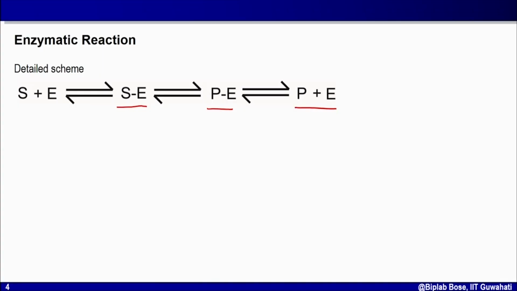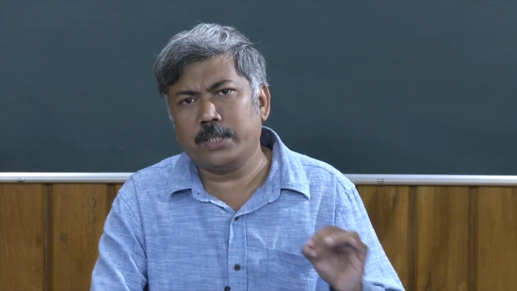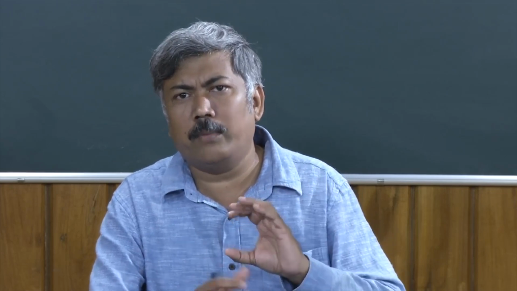Now I can make certain assumptions here, which are rational assumptions, and I can reduce this system further. What can I assume? I can assume that the conversion between the substrate enzyme complex SE and the product enzyme complex PE is very fast, and in fact it is very difficult even in experiments to identify the substrate enzyme complex and product enzyme complex separately.